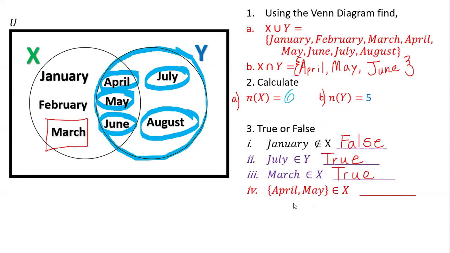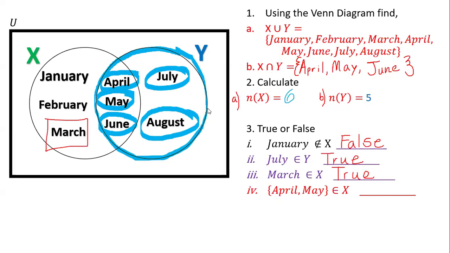Why do you say it's true? Because April and May is an element of X. Okay. Anyone else? Does anyone here think it's false? No one.